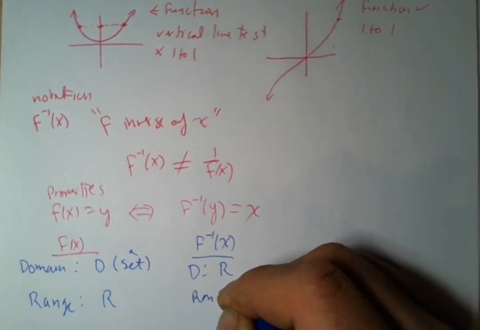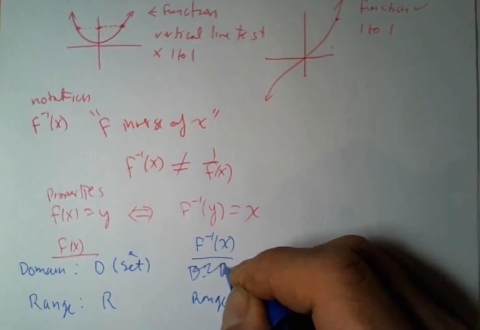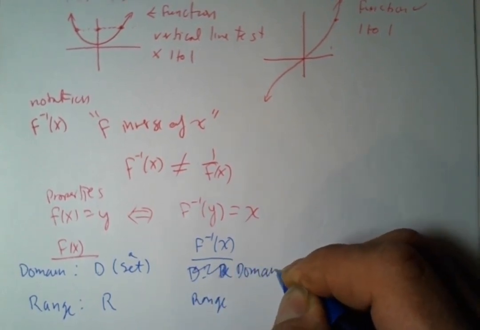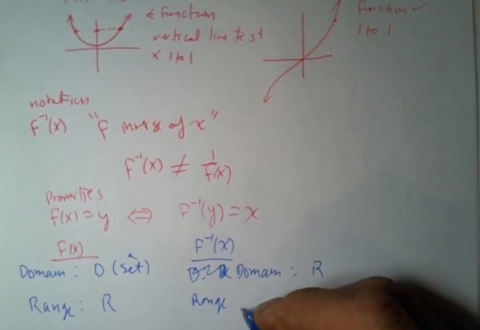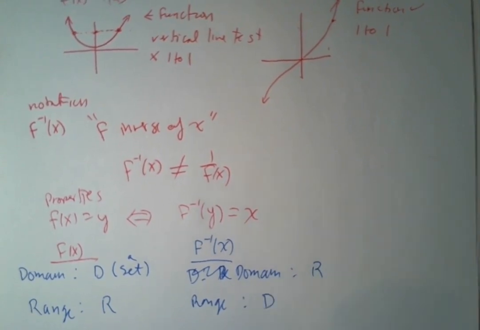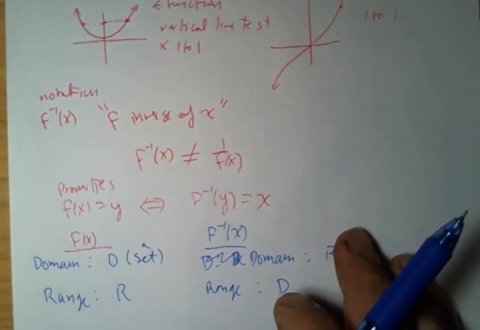The domain is the set R, and the range is the set D. That is kind of what this notation is telling us.